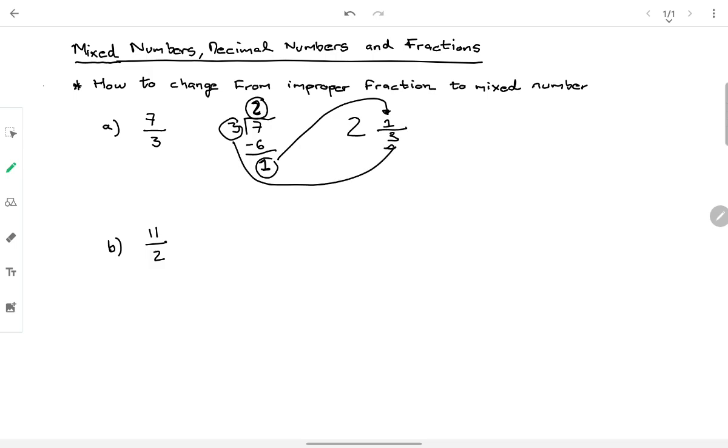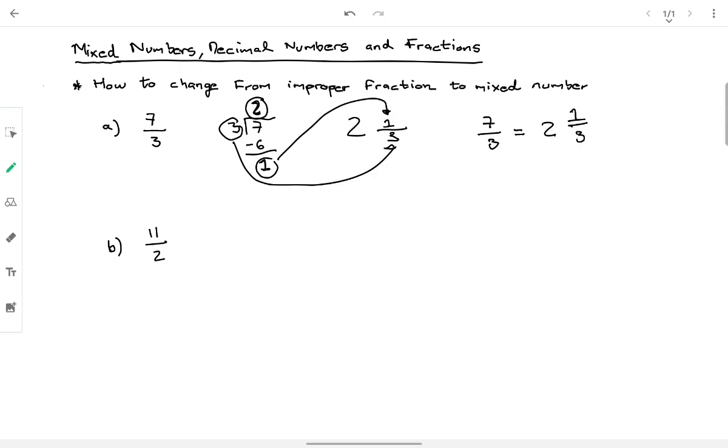So 7/3 is the same as 2 wholes and 1/3. So this is the way we change from an improper fraction to a mixed number.